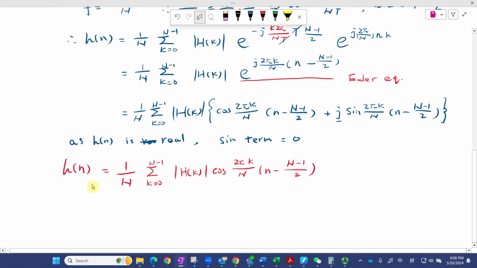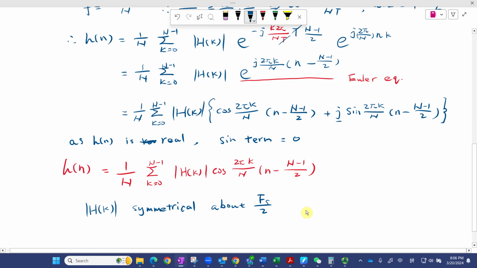After that, we can start to calculate n equal to 0 all the way to 9, so these 9 terms. We know that the magnitude of capital H[k] is symmetrical about fs over 2.